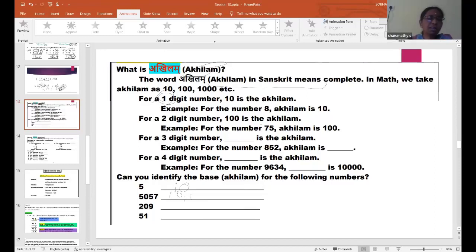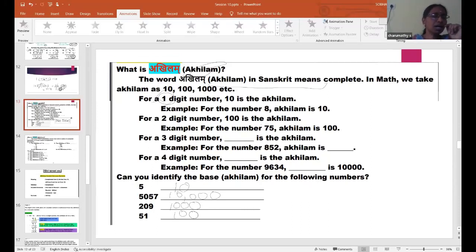Because it is a 4-digit number, 10 raised to the power of 4 is 10,000, or in other words, for any 4-digit number, the smallest 5-digit number is the Aquilam. So it is 10,000. For 209, 1,000. Yes, 1,000. For 51, 100. So the first step is to identify what the Aquilam is.